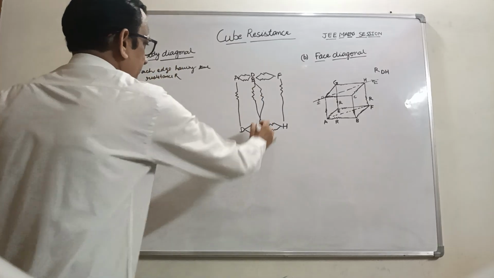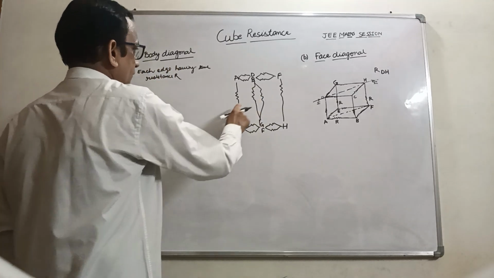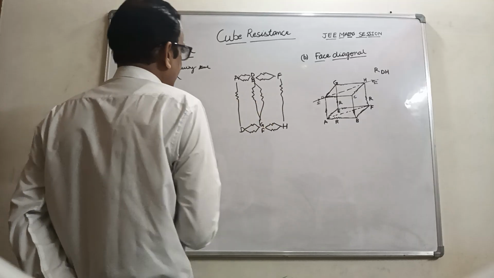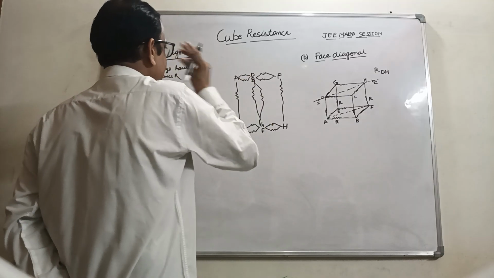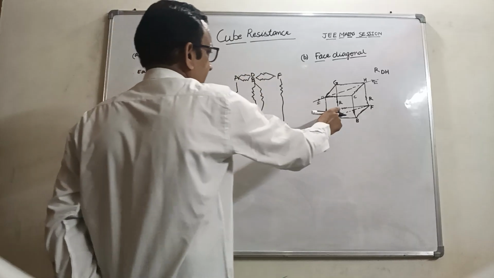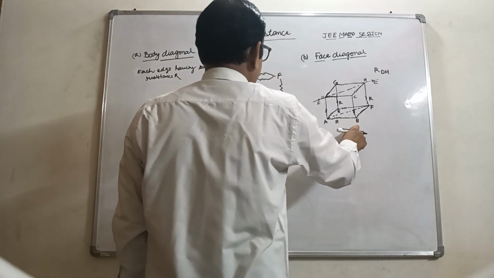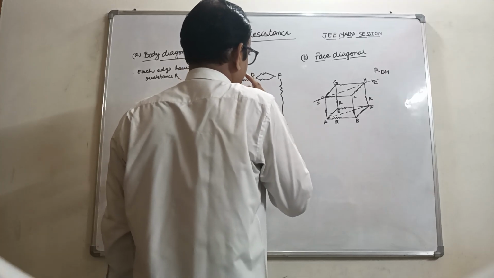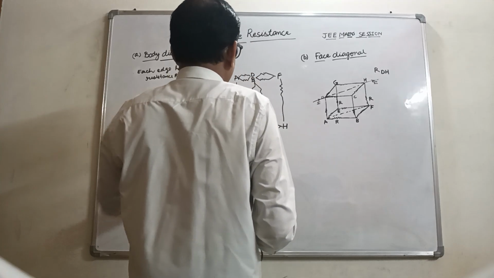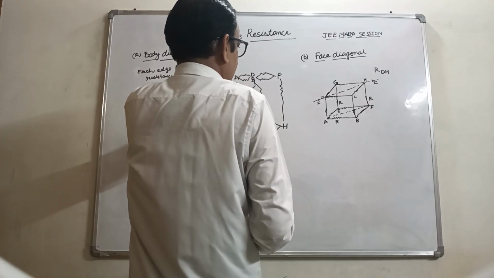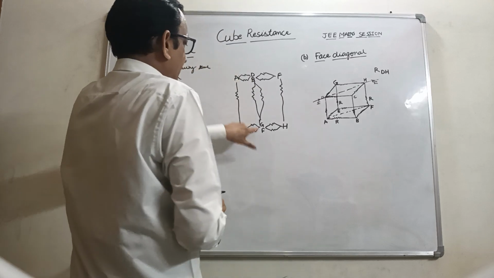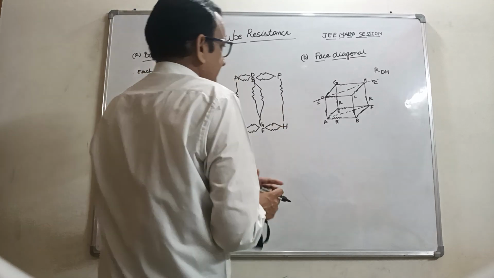So the scenario is like this. Here in this position, B and D have the same potential, and G and F also have the same potential.